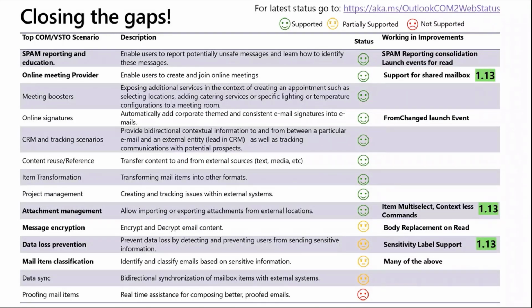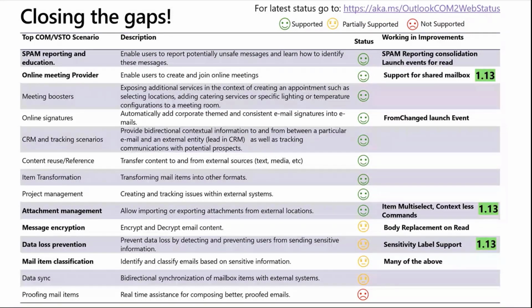You will see that there are a ton of spam reporting and education solutions, and online meeting providers. What I call meeting boosters are those add-ins that add functionalities when you create an appointment, doing tons of different things, like adding catering services to meetings, or illumination or air conditioning in the rooms and so on.